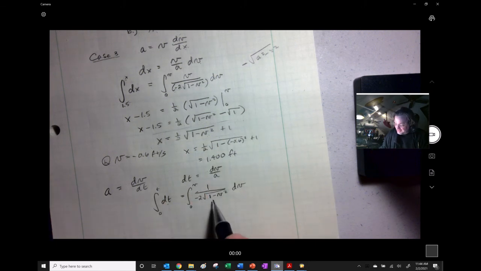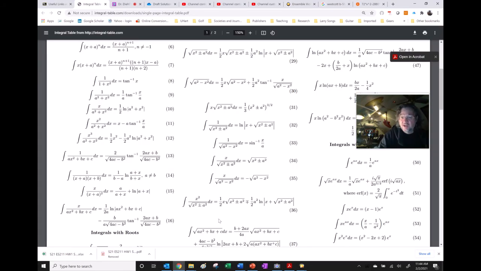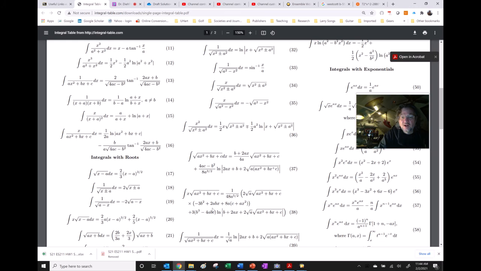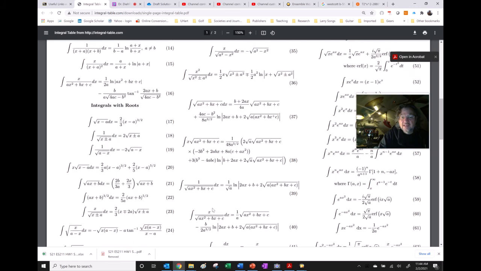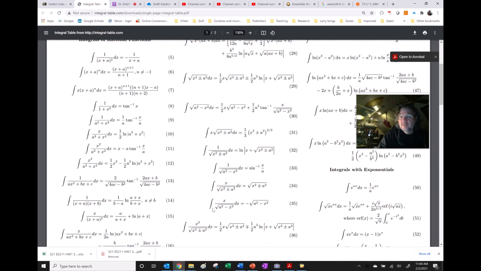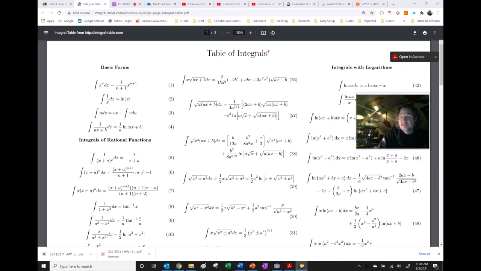And then once again, this is going to be another integral form that might not be obvious to us, so we're going to have to look up the integration tables again. Going to the integration tables, I think I've seen this one. It's sort of a weird one, an unexpected one to get. I think it's up near the top over here on the right-hand side.